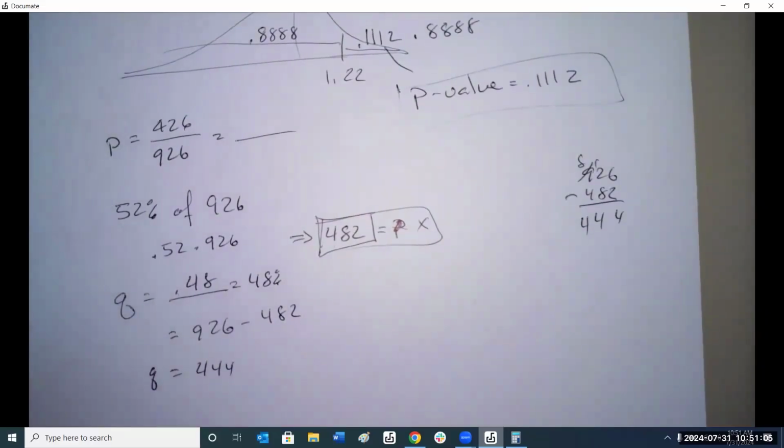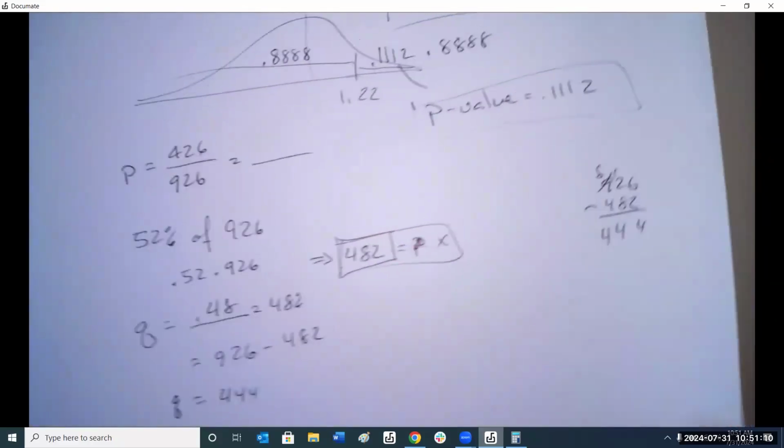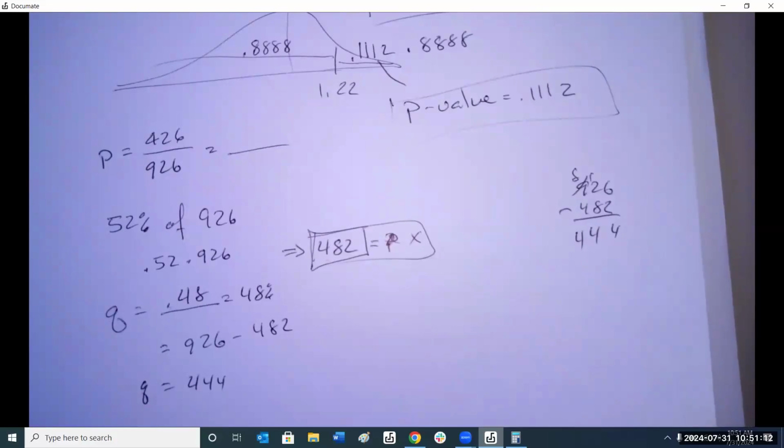$444 people who didn't want it. So if we could break it down that way, then we could use the proportion method as opposed to the critical value method, which is where we would use our X bar type stuff.